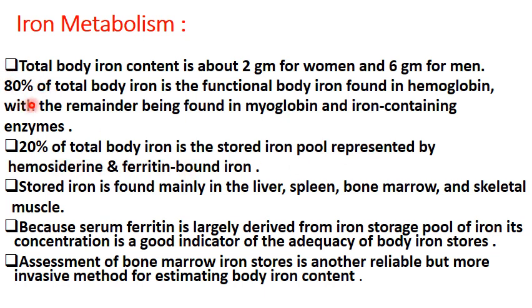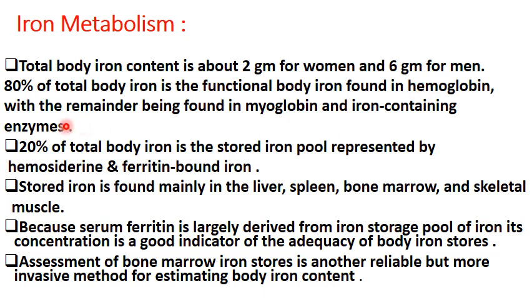What about the 80% of body iron that is functional? It is mainly found in hemoglobin. Therefore, when we measure the hemoglobin, it reflects whether the patient has anemia or not. This is the first figure that shows whether the patient has iron deficiency anemia, so the first thing to do is test the patient's hemoglobin.